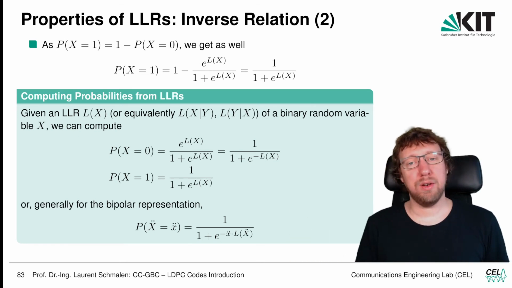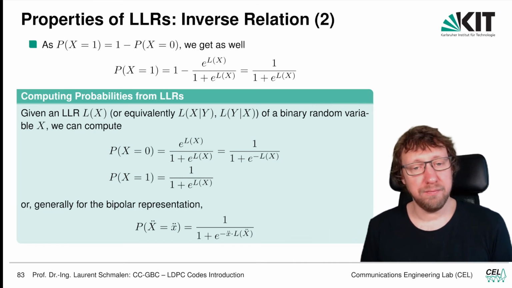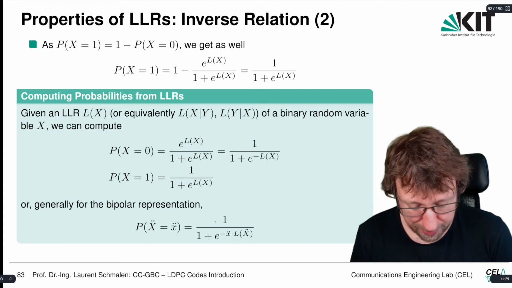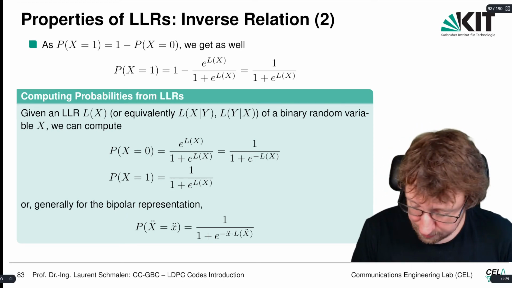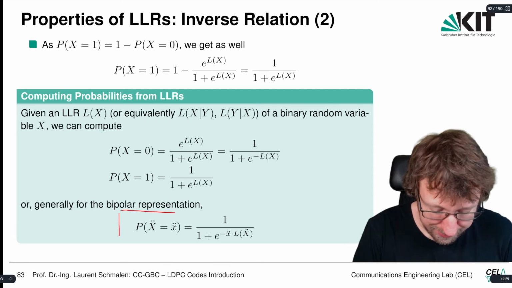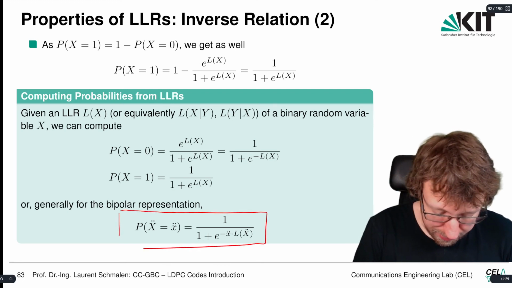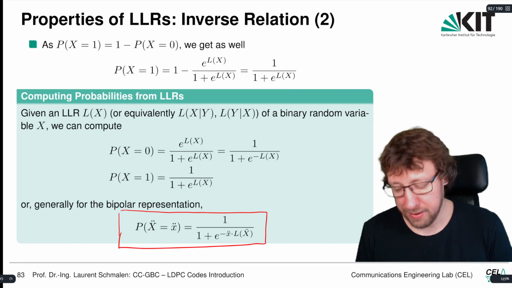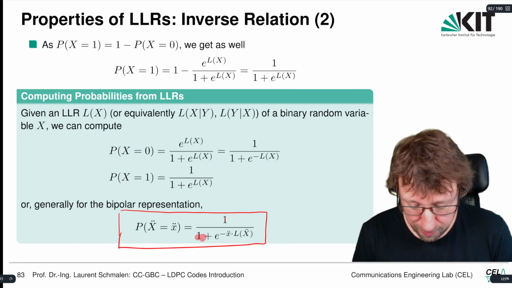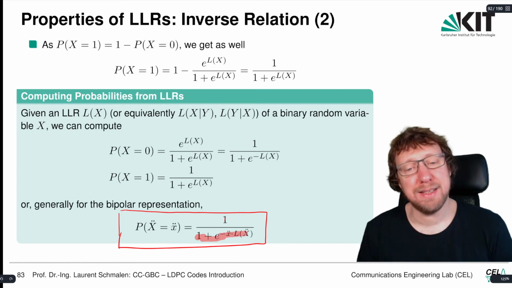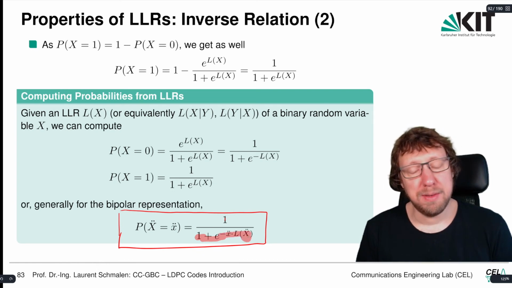Again, we can bring the two expressions together, and with the bipolar representation it is the following. The probability that x double dot is equal to x double dot is 1 divided by 1 plus e to the power minus x double dot times L of x double dot.